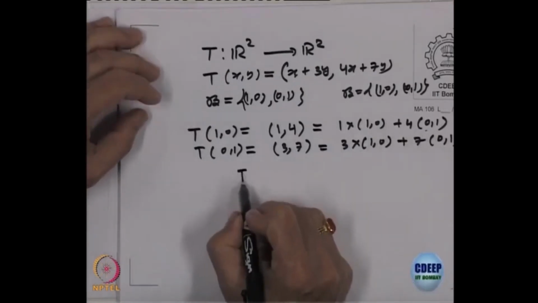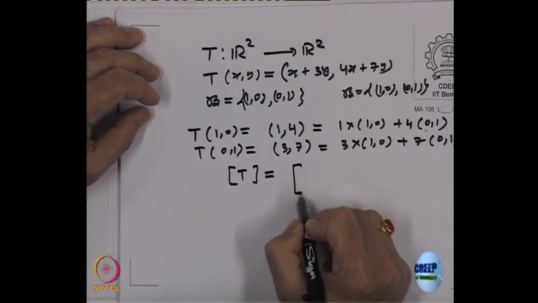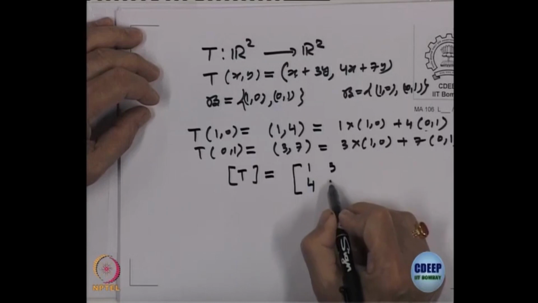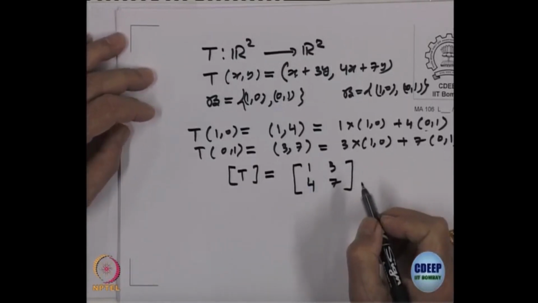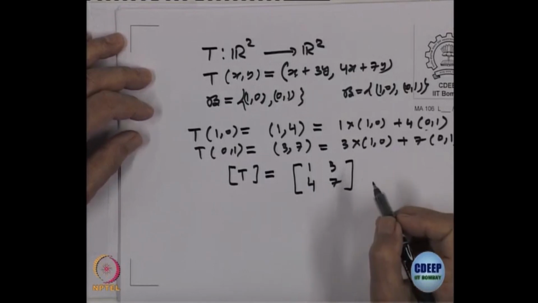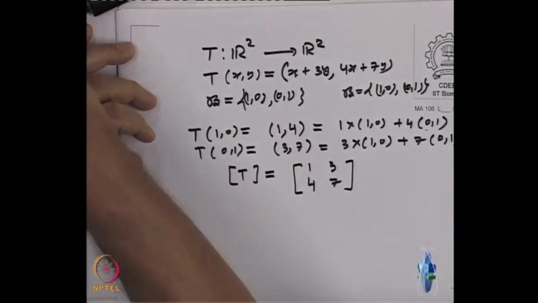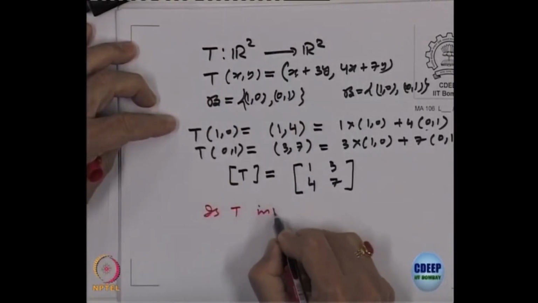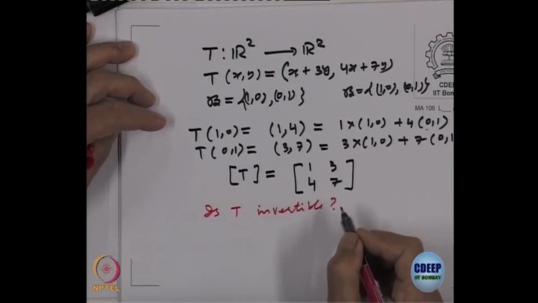So what is the matrix of T? The matrix of T is [1 3; 4 7]. Now I want to check whether T is invertible or not. How do I check?